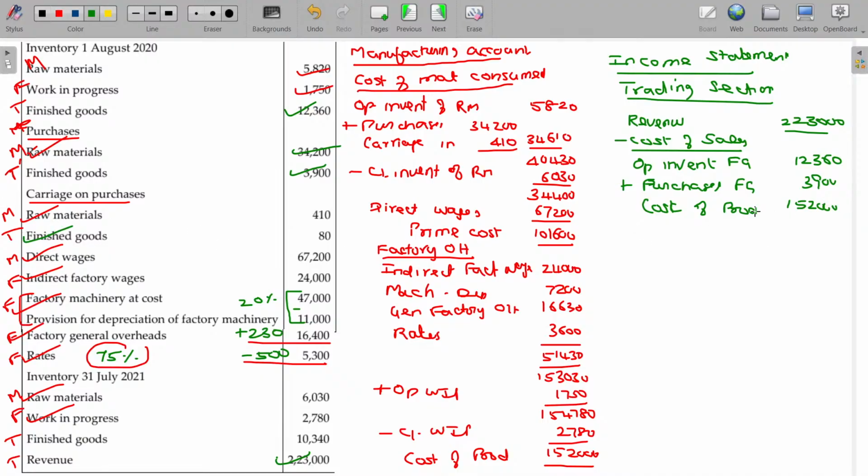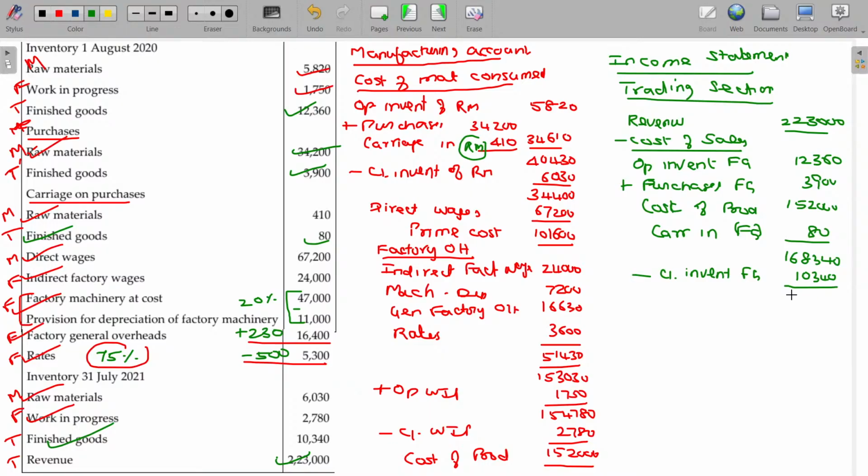Carriage in for finished goods, 80 rupees. Then overall value being 1,68,340 minus closing inventory of finished goods, which is 10,340.